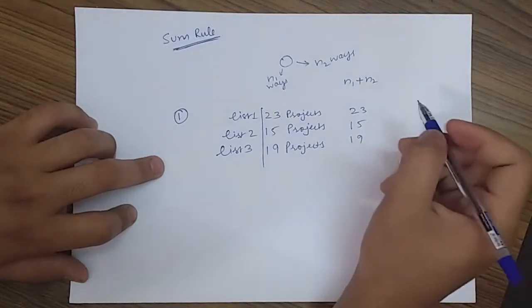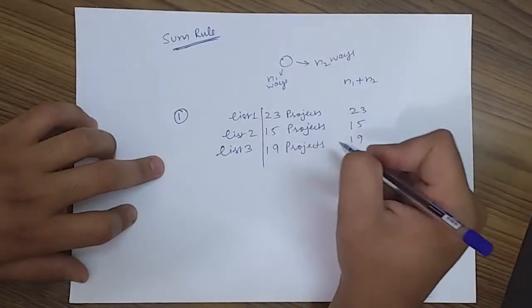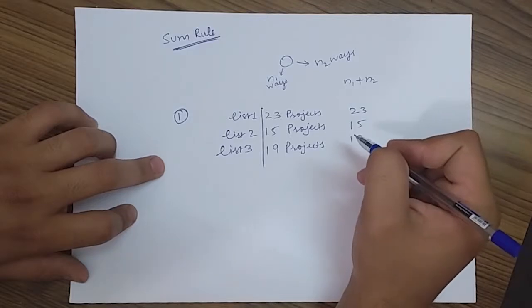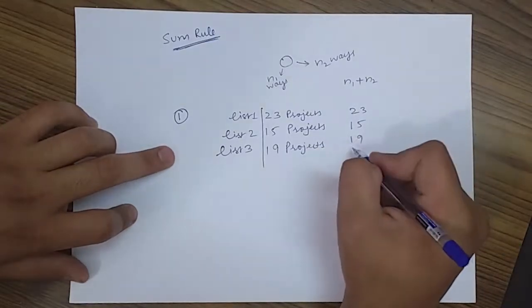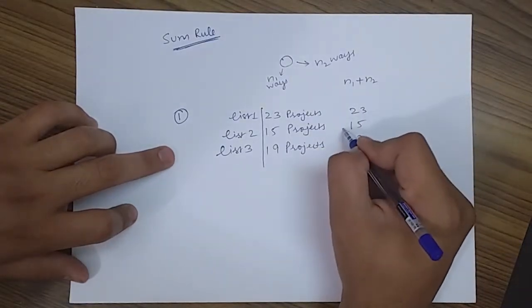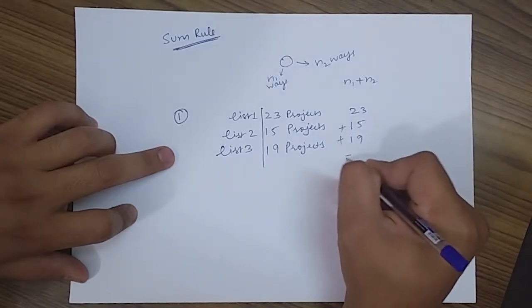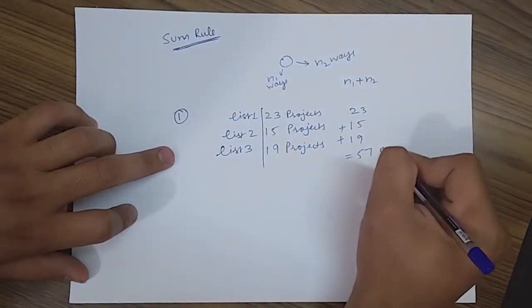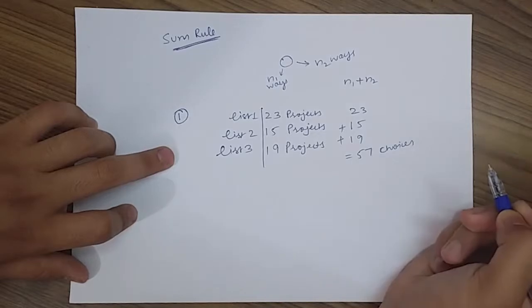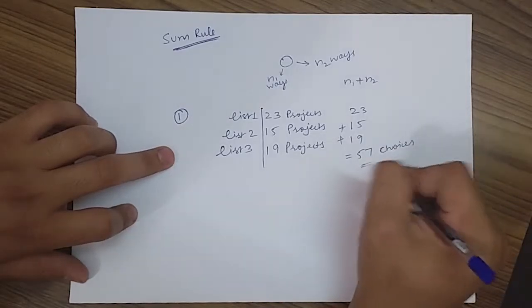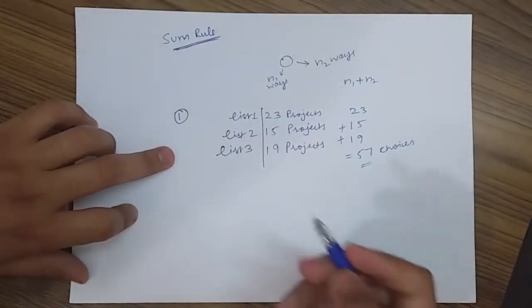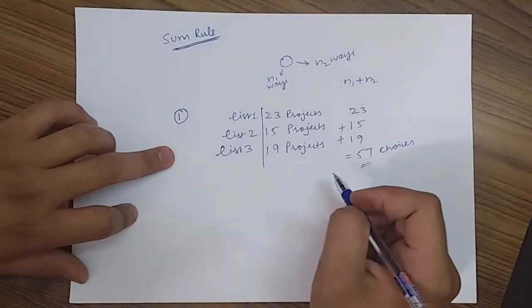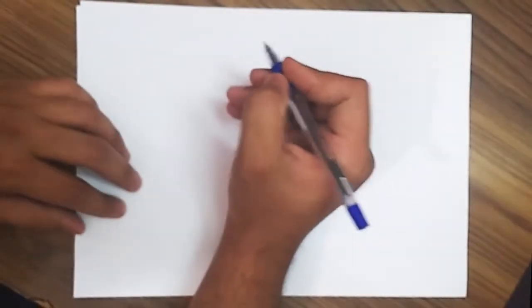If he had to choose one project from any of these lists, he has a total of 23 plus 15 plus 19 choices. That is 57 choices. It's that simple. This is the answer. So this is the sum rule. It is that simple.